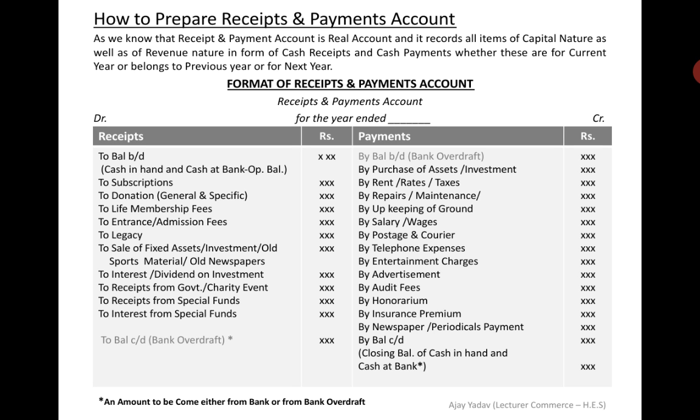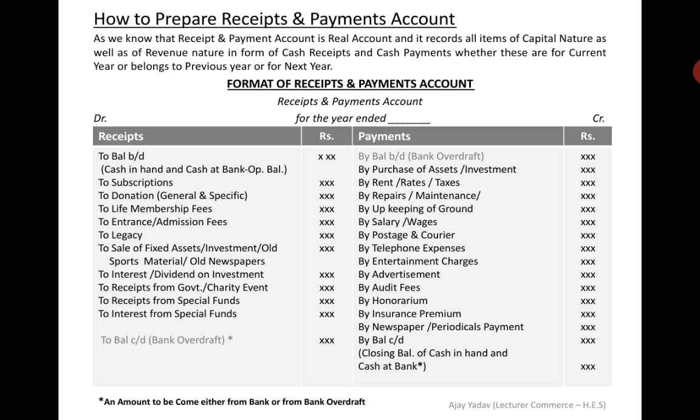After putting the opening cash balance and all the receipts on the debit side, and then all cash payments made during the year on the credit side, now the time has come. We have to total both sides, debit as well as credit.